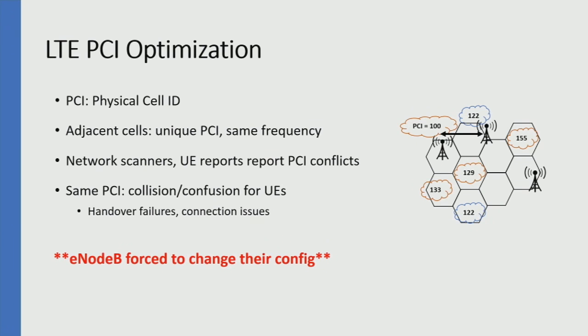We'll see in the coming slides how to exploit this kind of design. If the base station doesn't change its cell ID, then there are a lot of problems happening, such as interference issues or handover failures. So for correct operation of the mobile network, it has to change its identity.